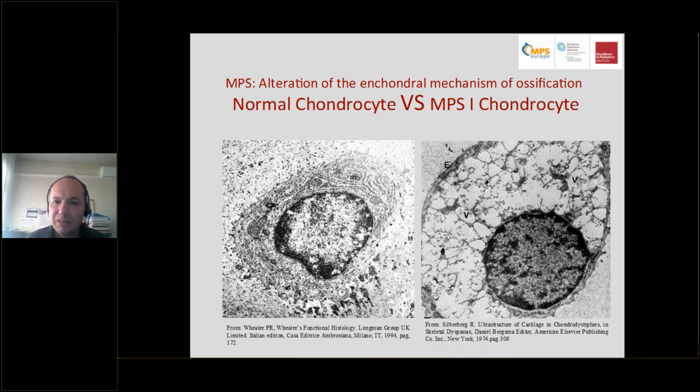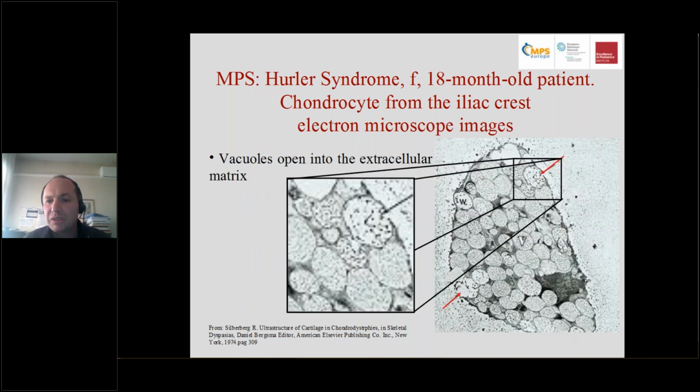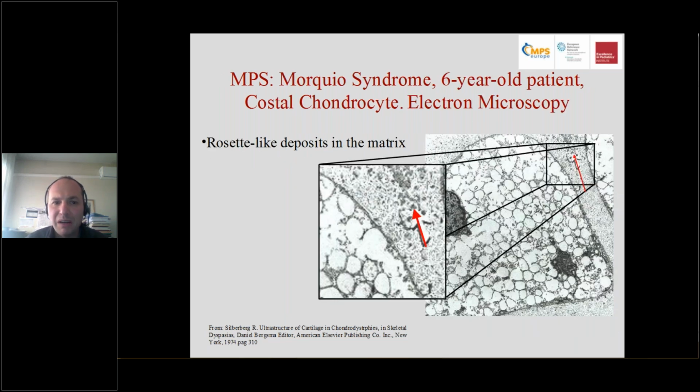In the pathologic chondrocyte, the chondrocyte is enlarged, the cytoplasm is all filled with vacuoles, and the organelles are reduced in number and strength, and they are displaced toward the plasmalemma. What happens later on is that some vacuoles open into the extracellular matrix. At the end, we find some rosette-like deposits. And this is the very beginning of the problem in MPS.